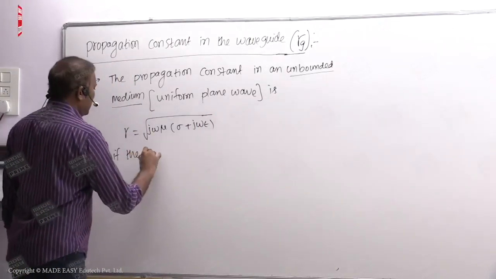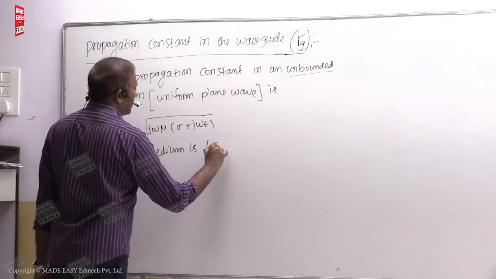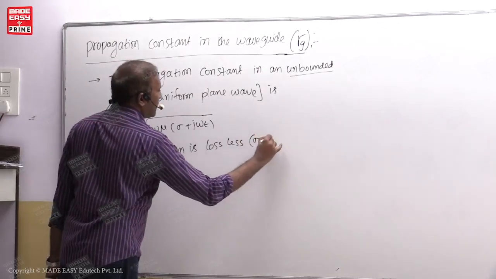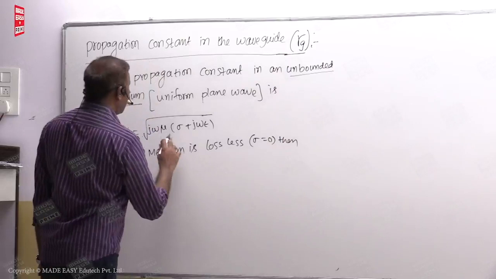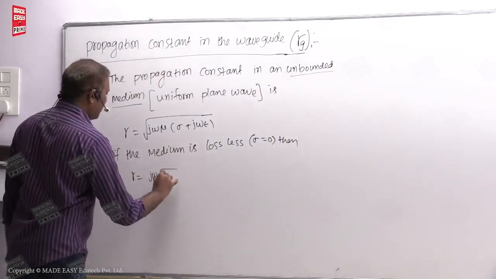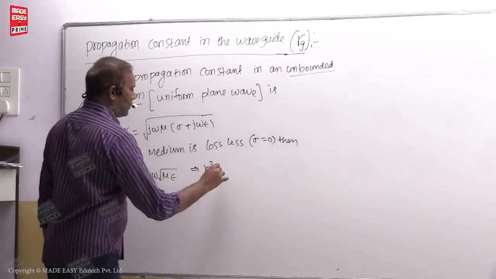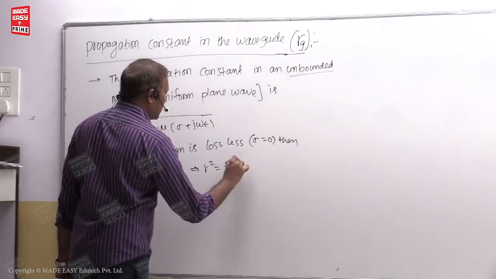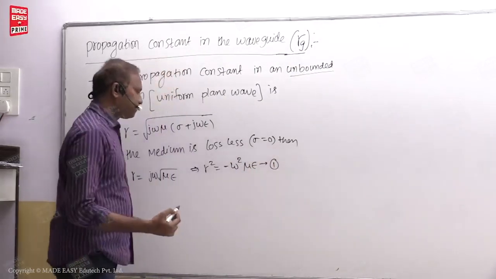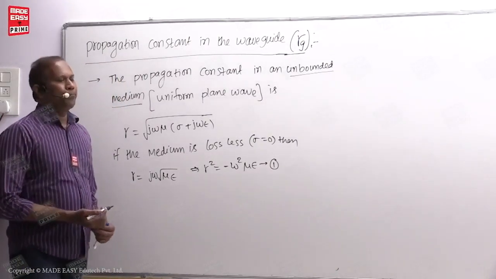If the medium is lossless, that means sigma is 0, then you get gamma equal to j omega root mu epsilon, and gamma square is equal to minus omega square mu epsilon. Let us say this is equation number 1.